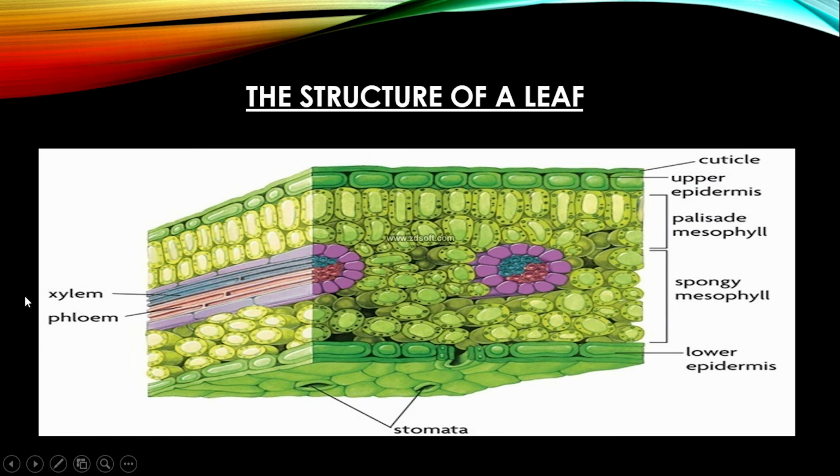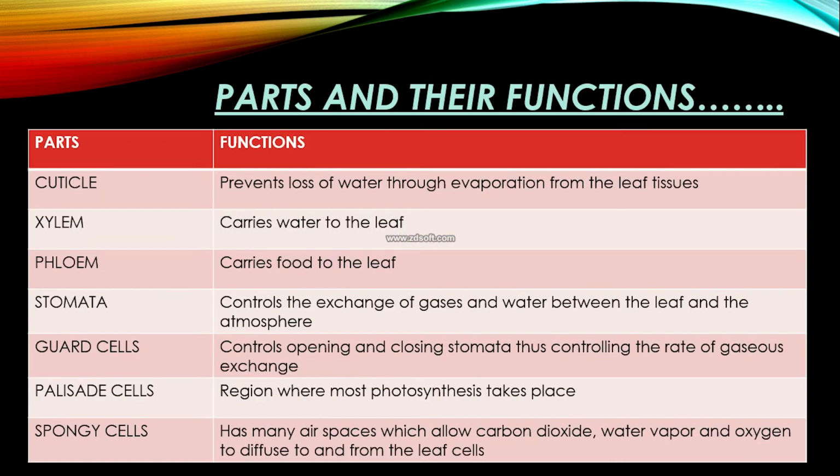And here we have xylem and phloem. Xylem is for the transportation of water, and phloem is for the transportation of food. So these are the parts and their functions listed, which we were talking about in the previous picture. The cuticle prevents loss of water through evaporation from the leaf tissue. Xylem carries water to the leaf.